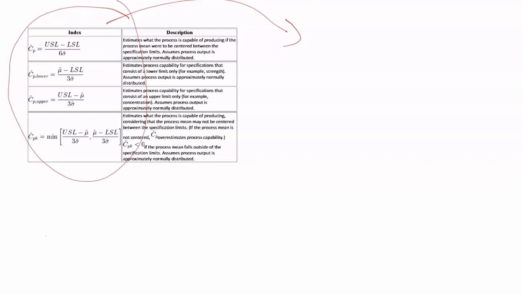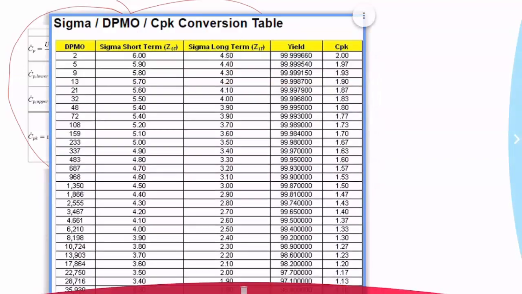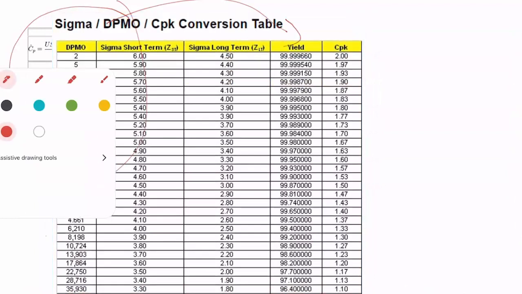And so let me pull up a table that does a comparison of different CP, CPK, and sigma levels of performance values. All right, I know that table is a little bit hard to read with all of the data in it, so let me just zoom into the top part here. Bring up my pen.